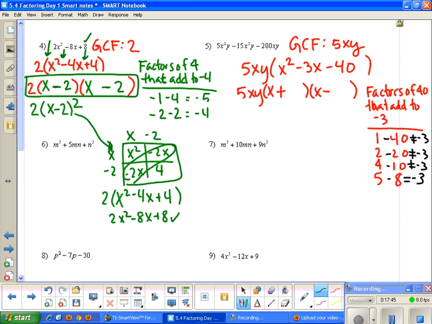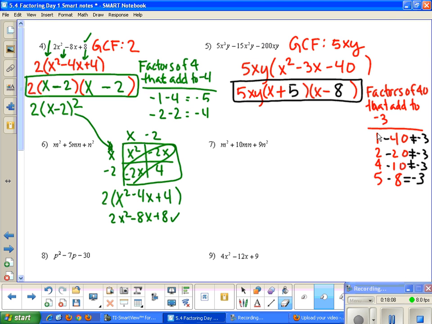So that means that 5 is the positive number, and 8 would be the negative number. And so this right here would be my factored form. And of course, I could always check this by multiplying it out by foiling or boxing and seeing that it equals the original equation that I started off with.